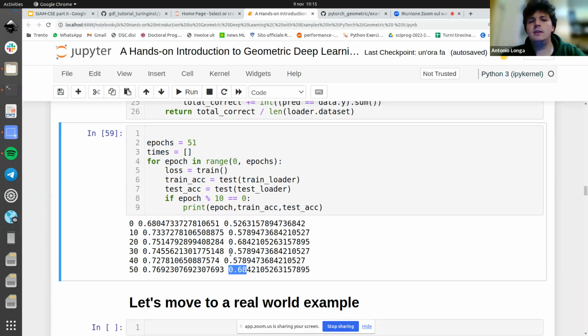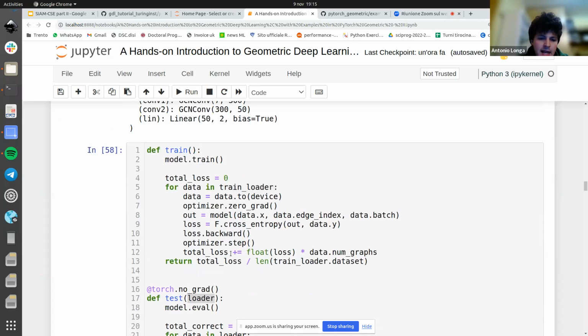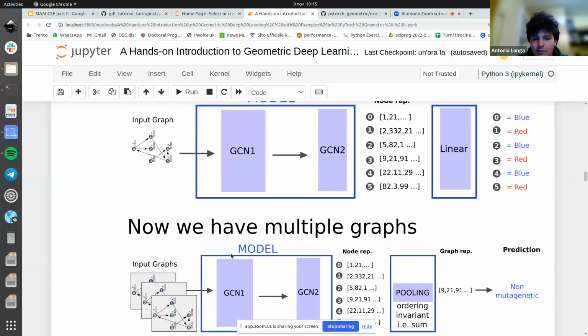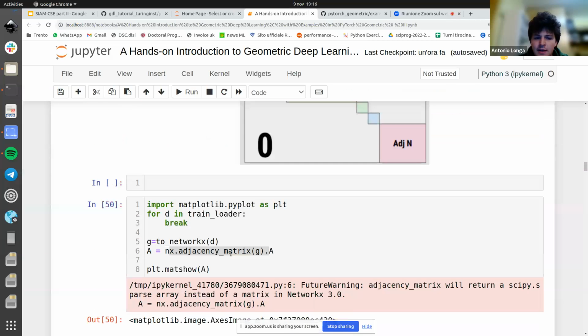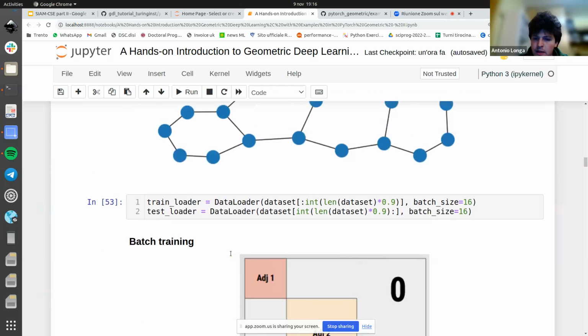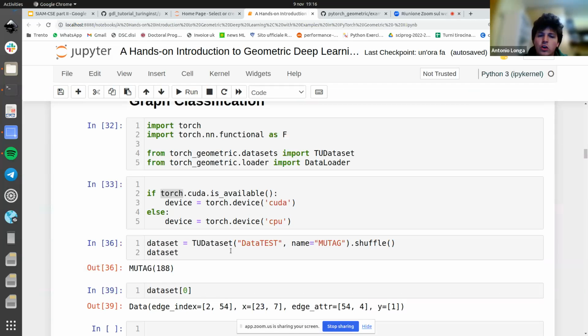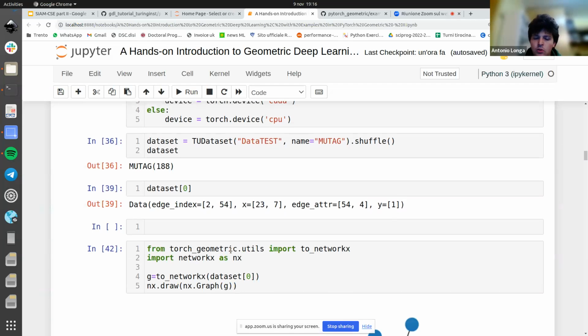So consider that this specific dataset, MUTAG, is well known in graph learning because it's really, really small. I chose this dataset because I'm running it on my laptop, and even at home, if you want to try it, it runs.